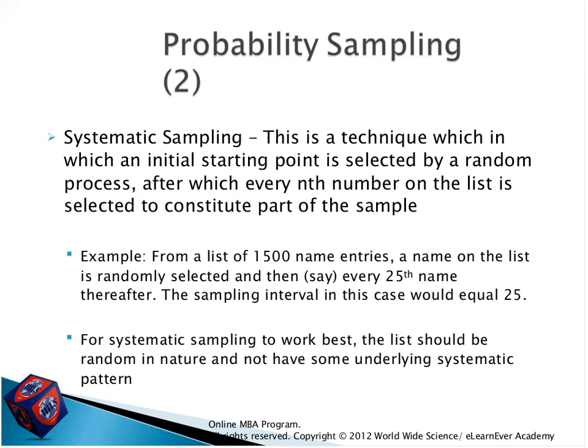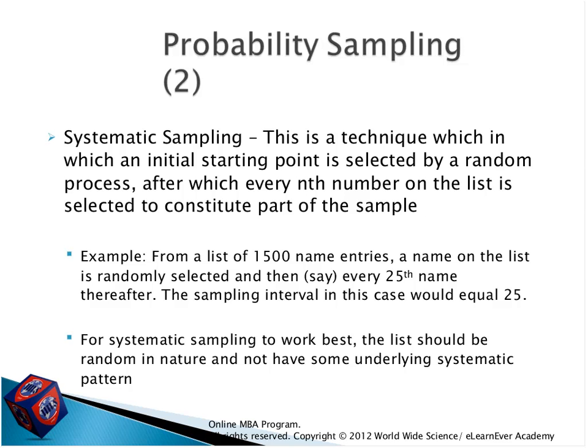This is very easy because the first point where you start the sample is selected randomly, and after that you follow the same criteria. What does it mean? For example, from a list of 1,500 name entries, a name on the list is randomly selected.